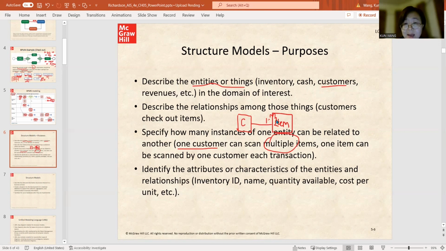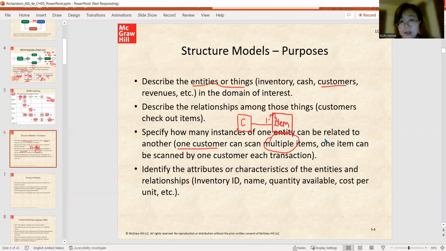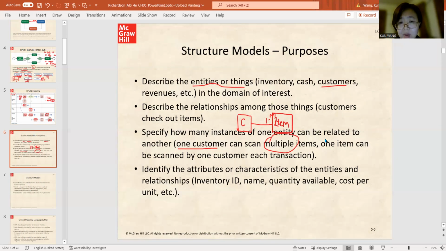specified, what may happen when you extract, for example, later when I try to print a customer order? I want to have a print out for all of the customer orders today. And if you don't specify here, maybe they are only printing the first item purchased by this customer.